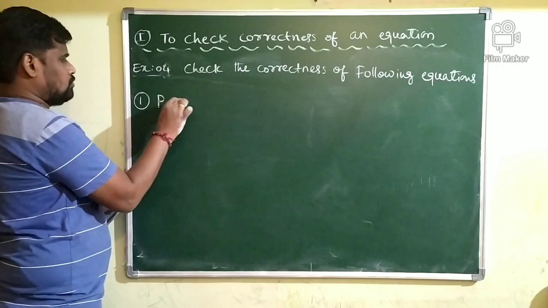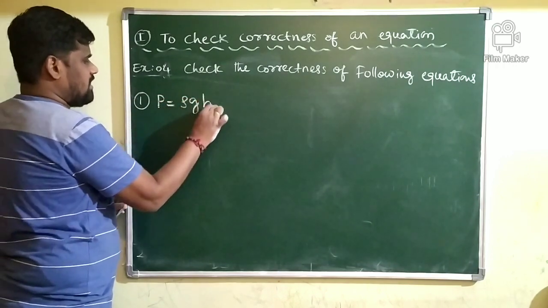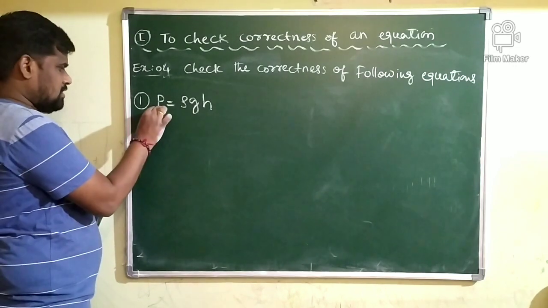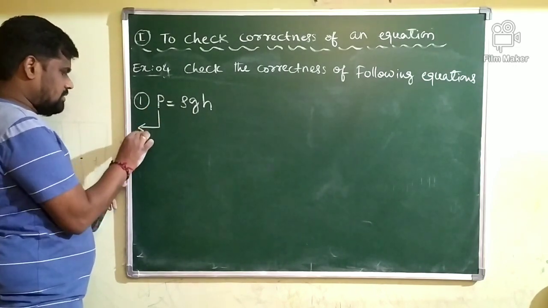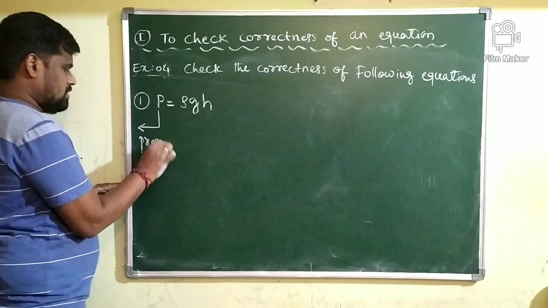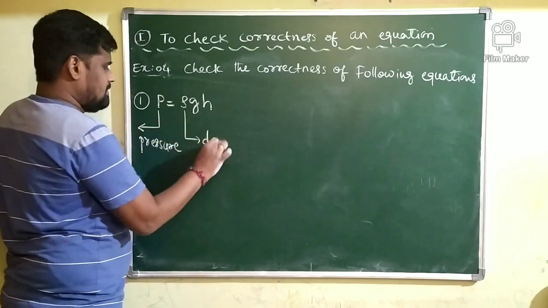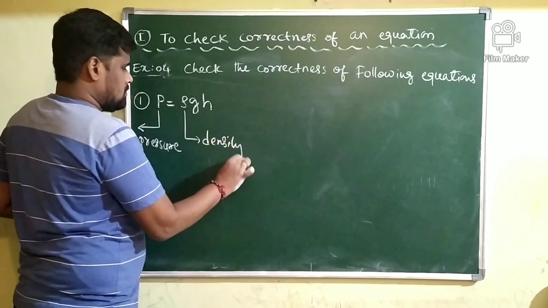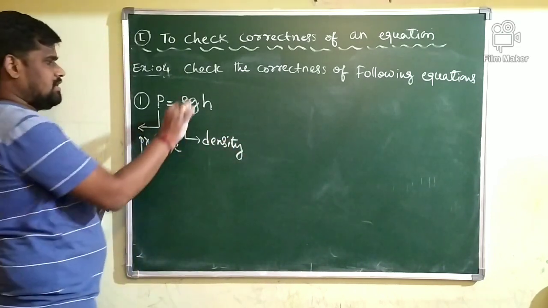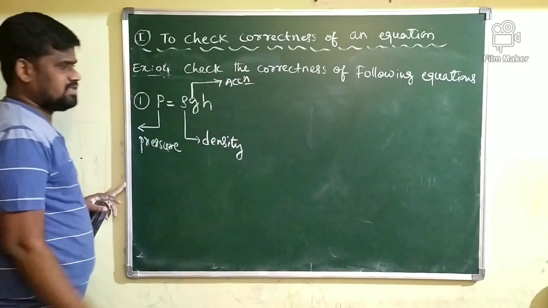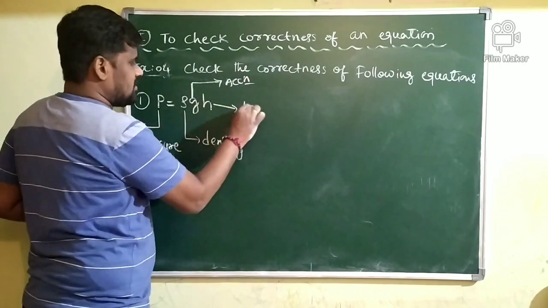P is equal to rho GH, where P is pressure, rho is density, G is acceleration, and H is height.